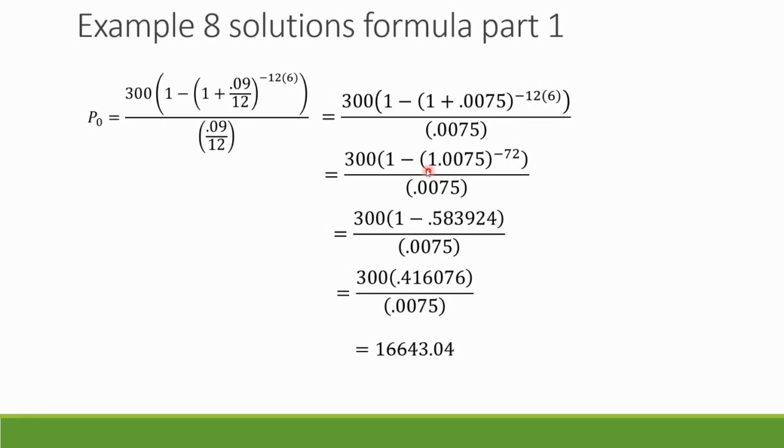And then we're dividing by all this. So what is this raised to the negative 72? This is what we get. 1 minus this turns out to be this number. And of course, also 0.09 over 12 in the denominator. This whole calculation turns out to be this.